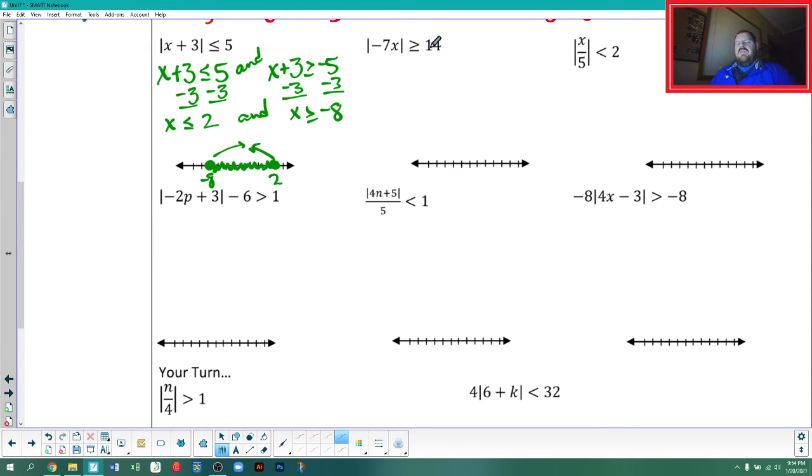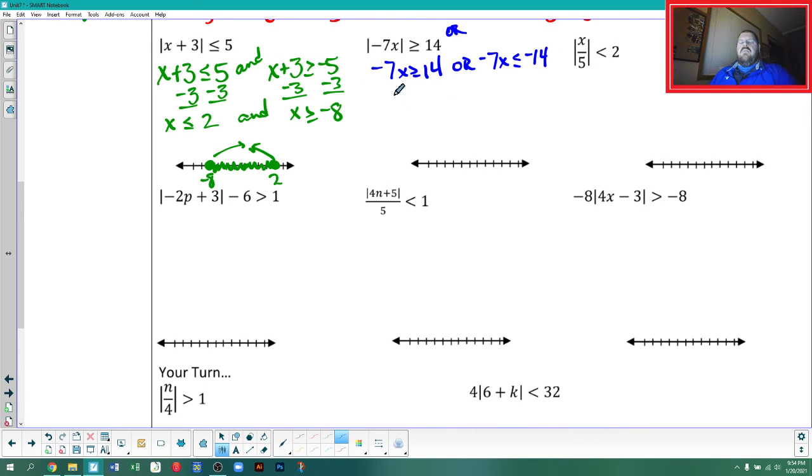Absolute value of -7x is greater than or equal to 14. Again, greater than or equal to, I'm thinking that's an OR problem. It's going to be an OR. Okay, so let's split it apart. 7x greater than or equal to 14, or -7x less than or equal to -14.